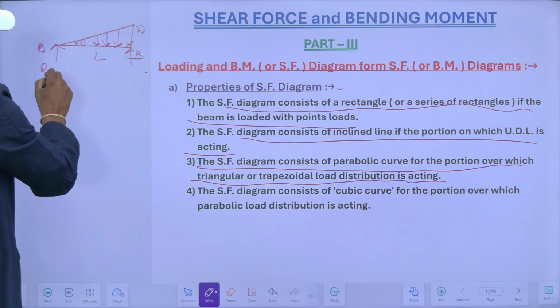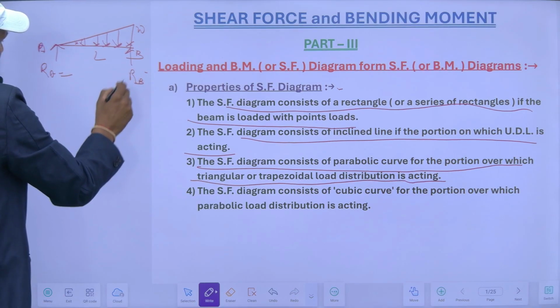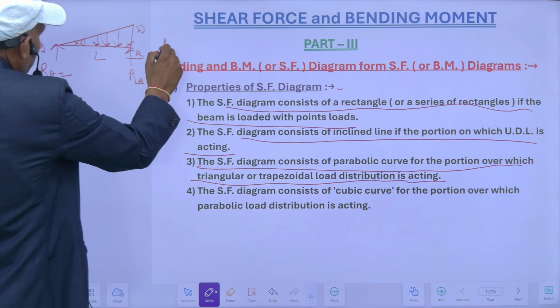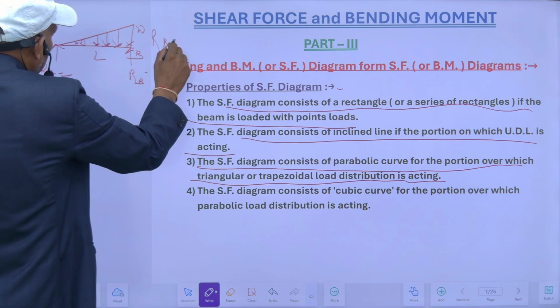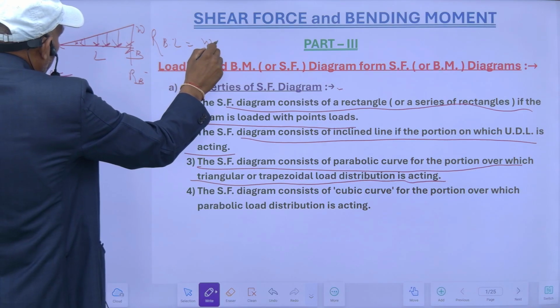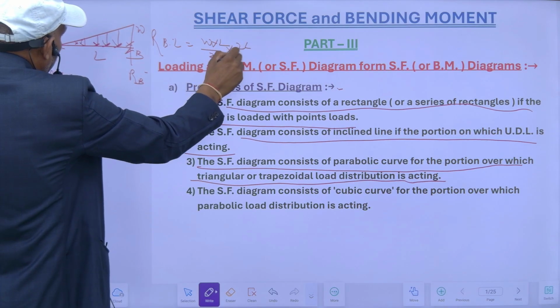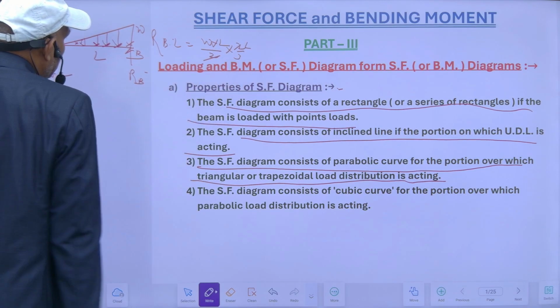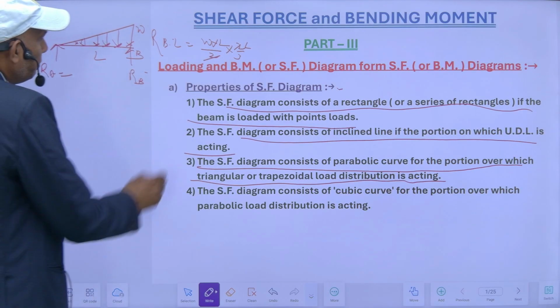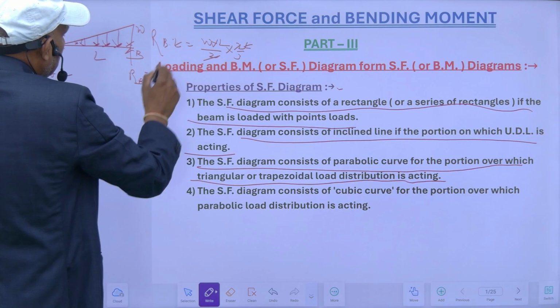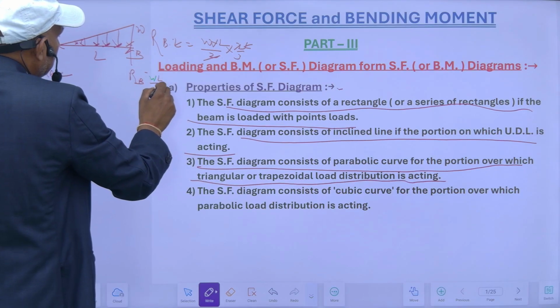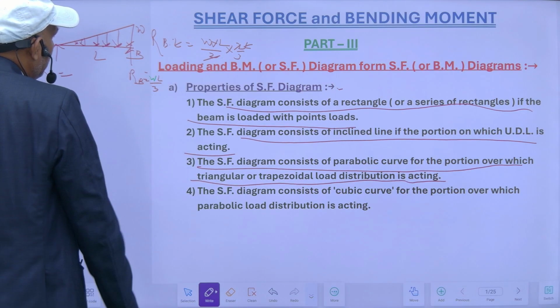So RA, RB. So RB into L is equal to W into L by 2 into 2L by 3. So it will be WL by 3.